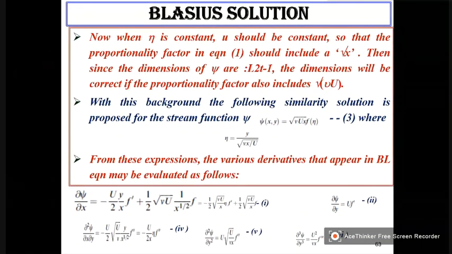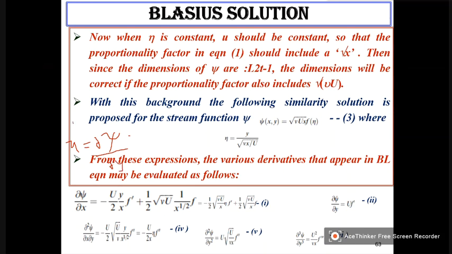Now, what are the dimensions of psi? u is equal to dou psi by dou y.